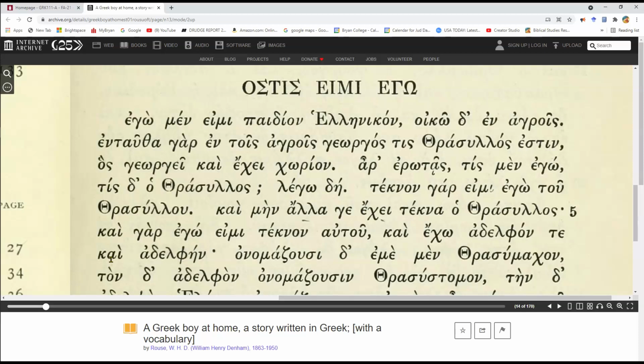And the lexicon that everybody uses is called Liddell and Scott. Have you ever read Alice in Wonderland by Lewis Carroll? Anybody read that? Okay. Alice of Alice in Wonderland's name is Alice Liddell.